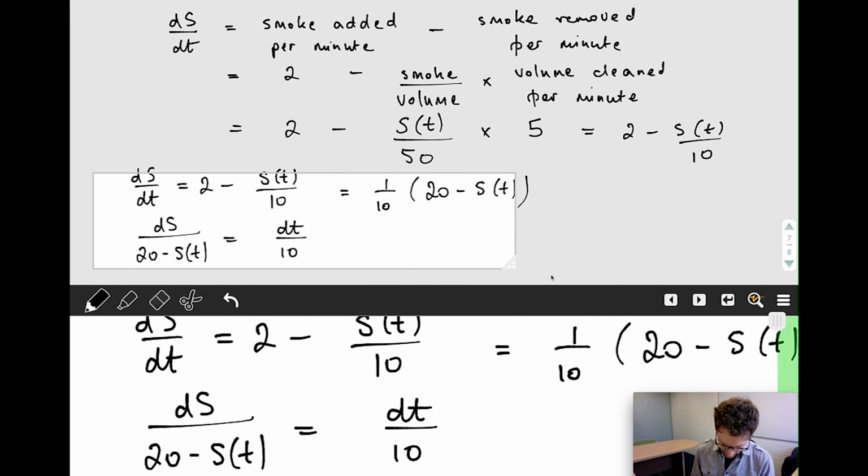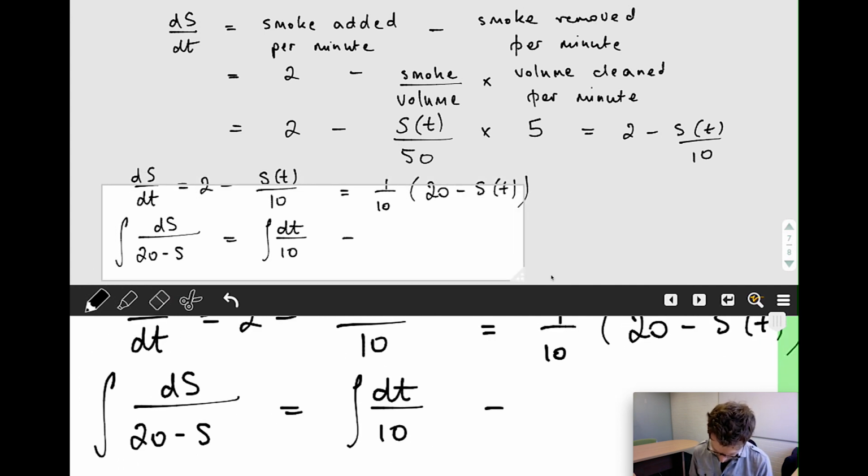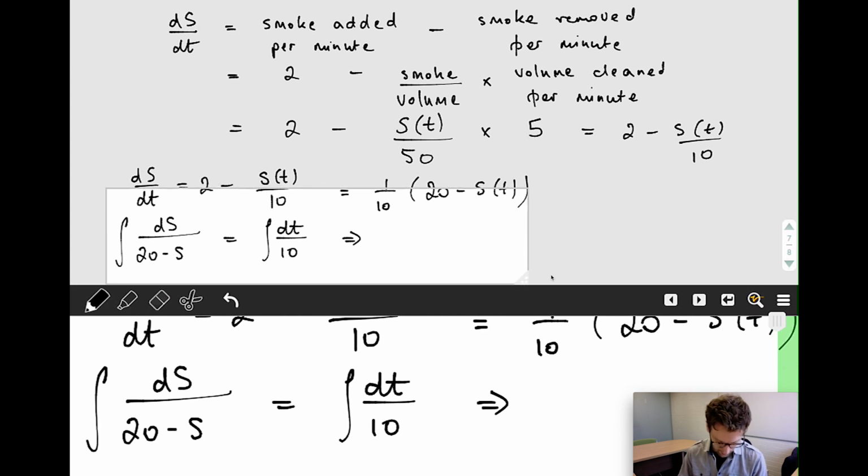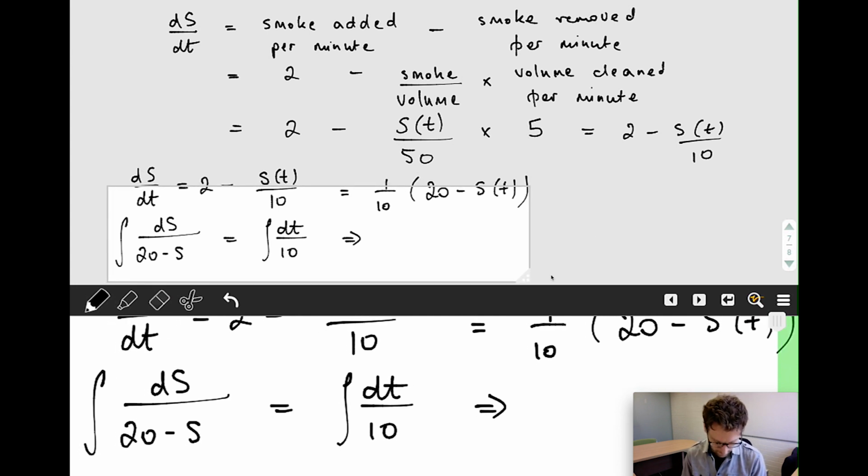So now I've got S's on the left and t's on the right. I can integrate both sides. The integral of the left-hand side can be done using a substitution, or you can just read it off.